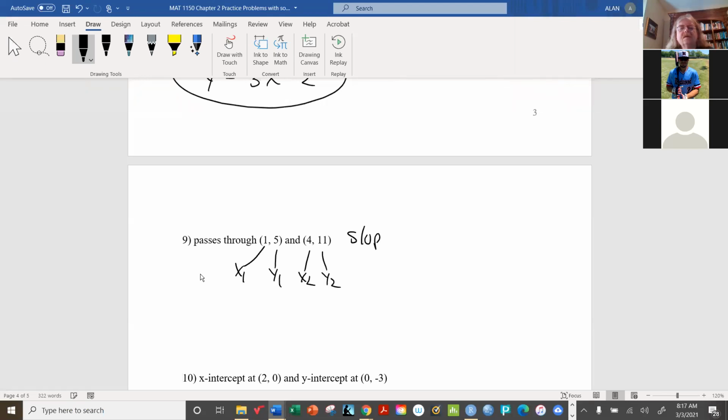The slope is y2 minus y1 over x2 minus x1, 11 minus 5, 4 minus 1 is 6/3, which is 2. Okay, so the slope is 2. And now we can go back to our point slope form.